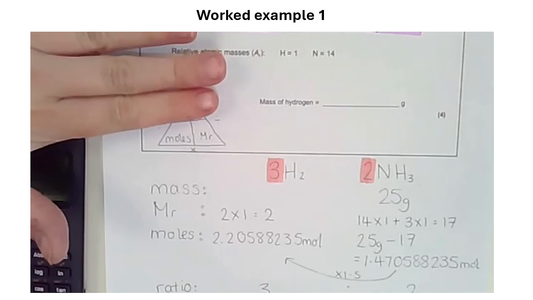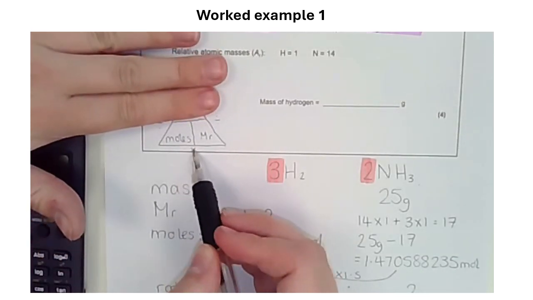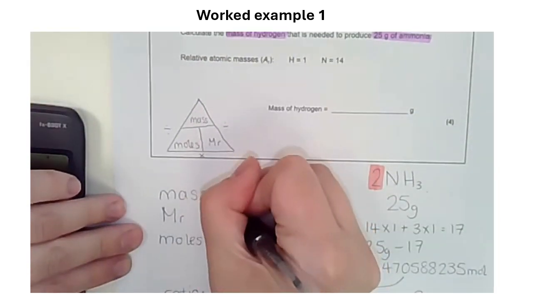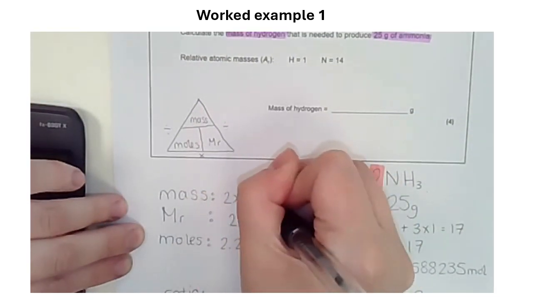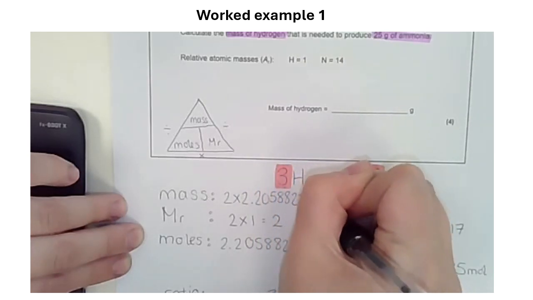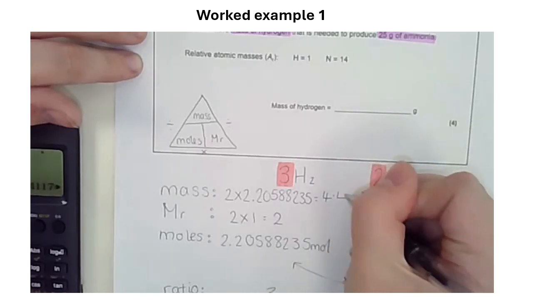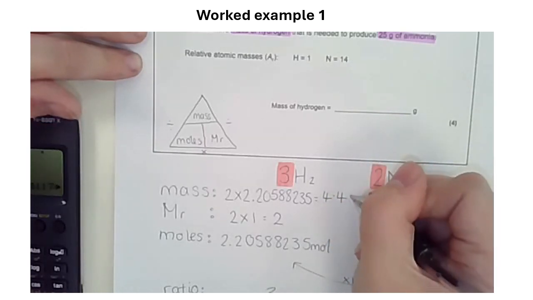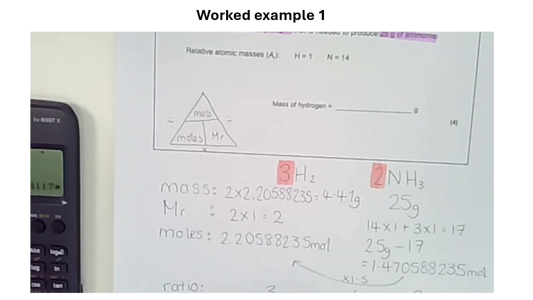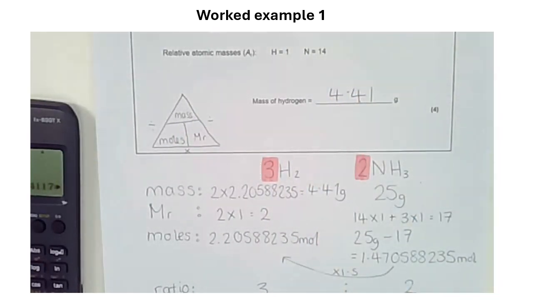If I want to calculate mass, I'm going to cover up the mass and that tells me it's moles multiplied by Mr. In this case, it's going to be 2 multiplied by 2.205888235, which is going to equal 4.41 grams. My final answer then for this question is 4.41 grams.